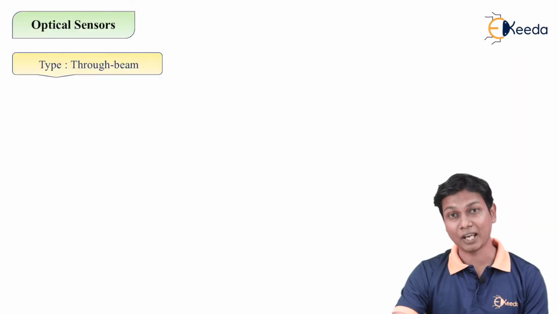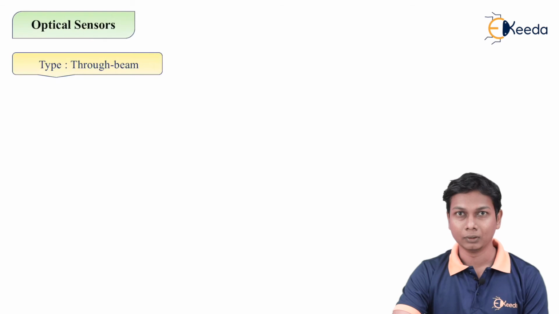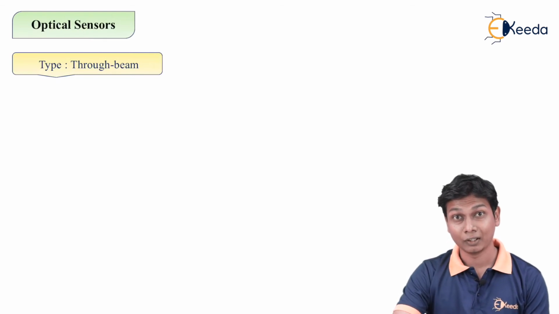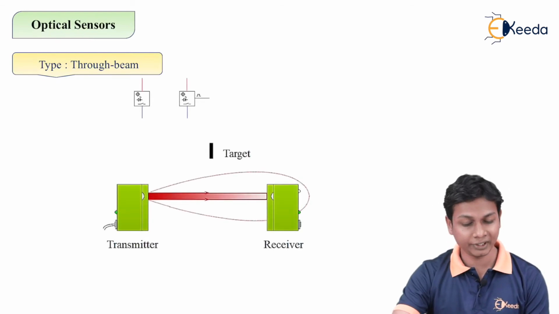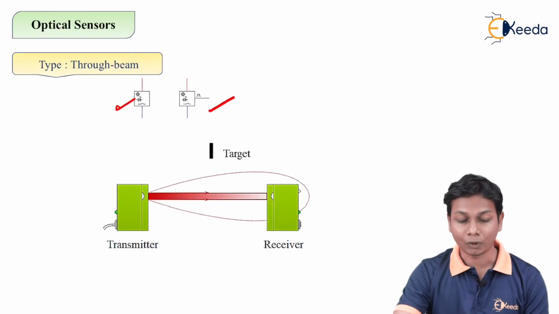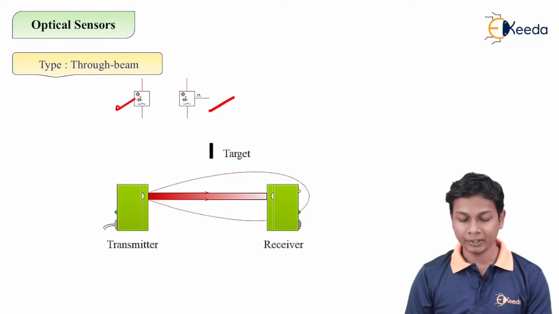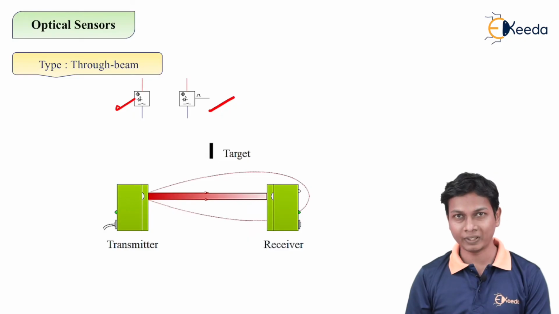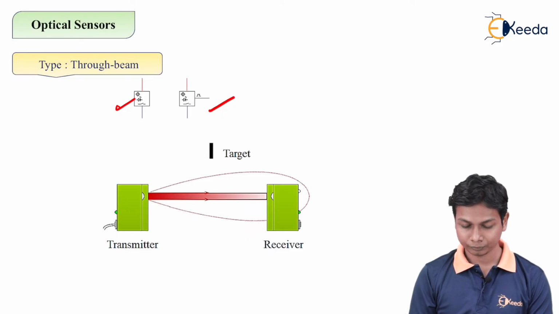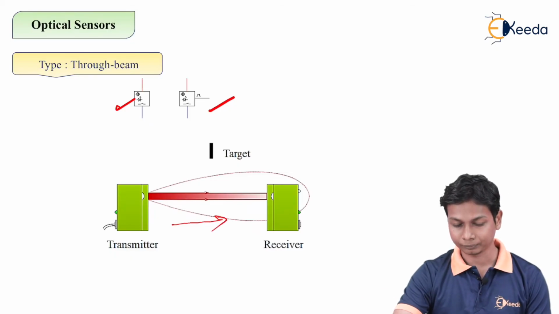The first type of optical sensor is the through beam. Now let's see the figure to see how it works. See here, this is the symbol of the optical sensor, and here is the diagram where the transmitter continuously transmits the signal to the receiver. So obviously the direction of the signal is only one-way.